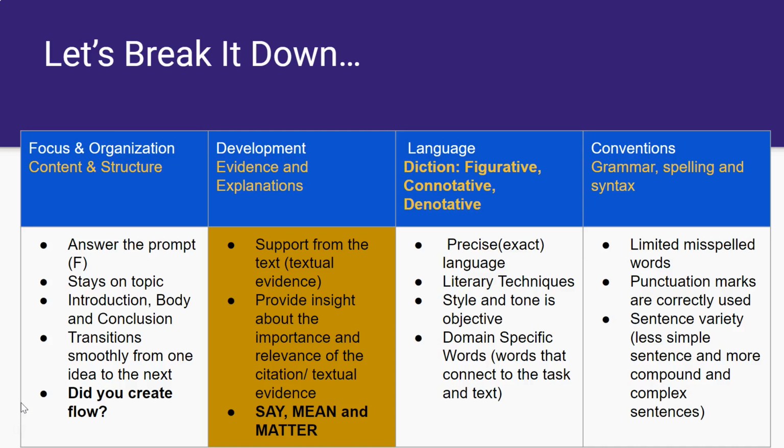So when we're talking about development, you have to support what you are saying with textual evidence. You also have to provide insight about the importance and the relevance of your particular textual evidence, your citation. Basically, you're going to tell me what the text says, what does that citation mean, and why does it matter?